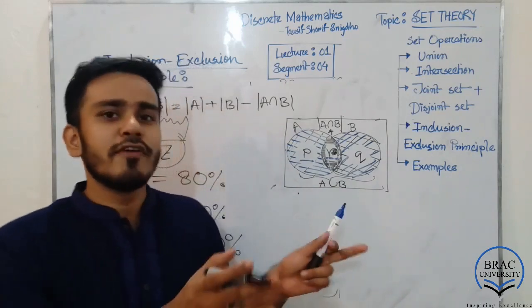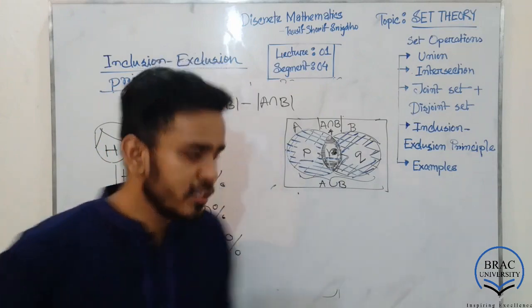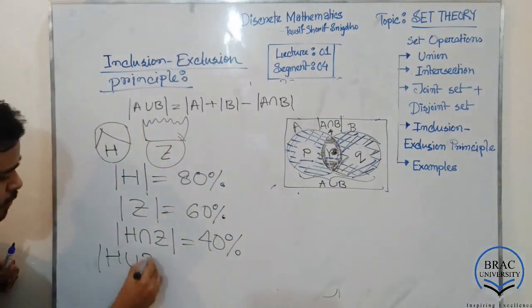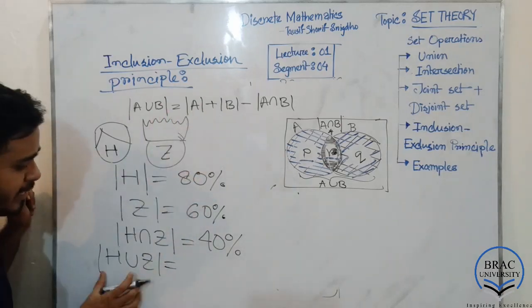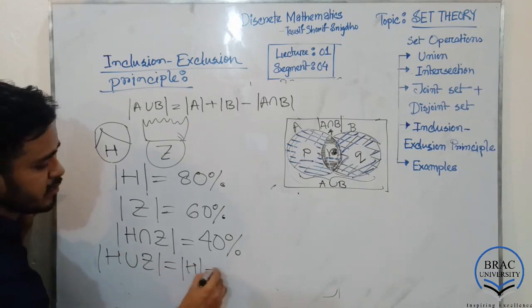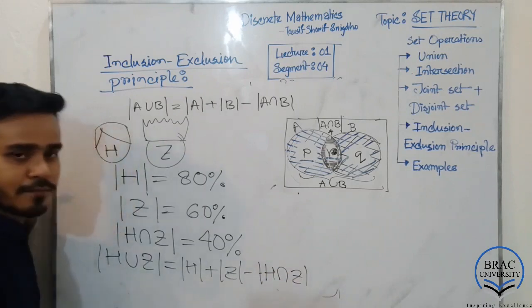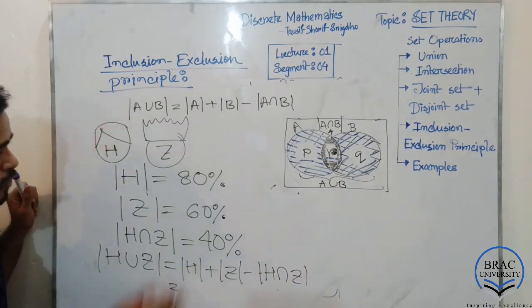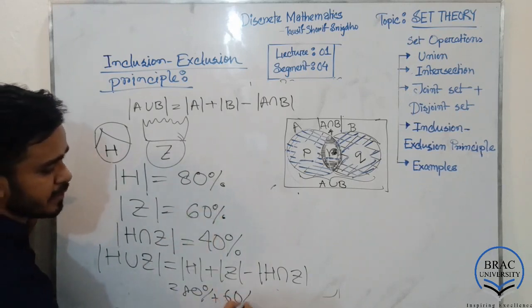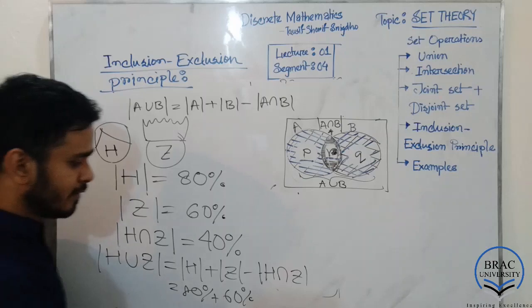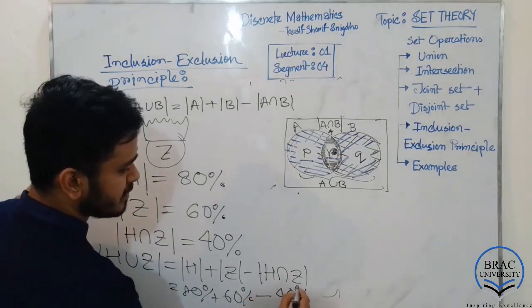According to the inclusion exclusion principle, H union Z cardinality is cardinality of H plus cardinality of Z minus cardinality of H intersection Z. As we know, cardinality of H equals 80%, cardinality of Z equals 60%, and cardinality of H intersection Z equals 40%.